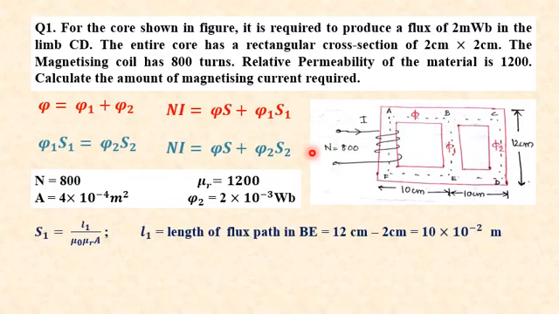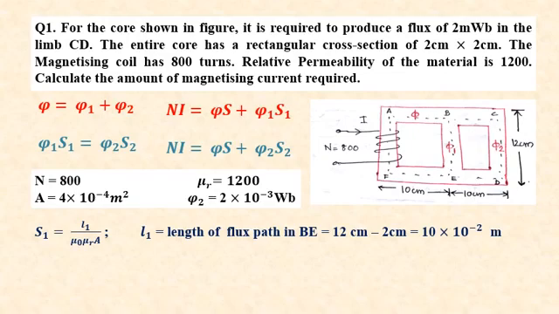First of all, the reluctance S1, that is the reluctance of the path BE. S1 is equal to L1 by mu 0 mu r into A. One thing to keep in mind is L1, the length of the flux path.